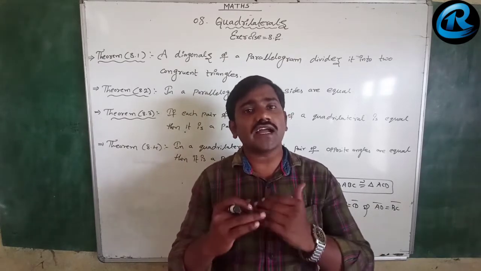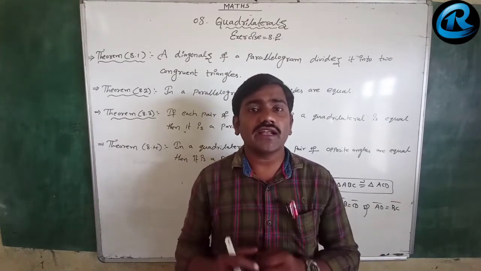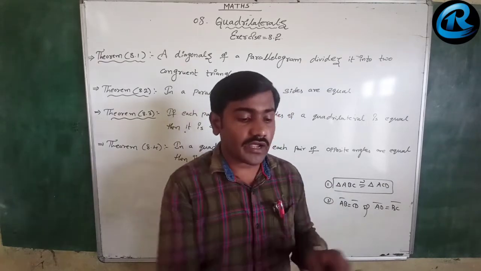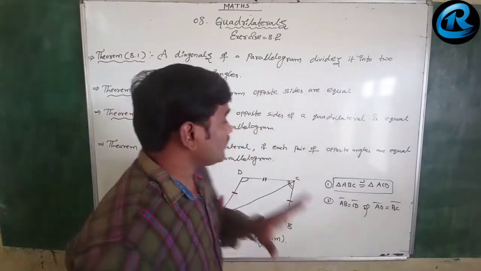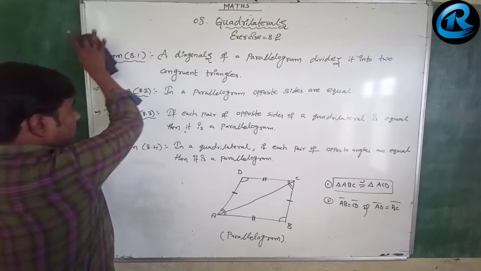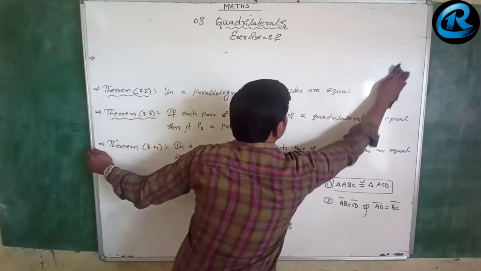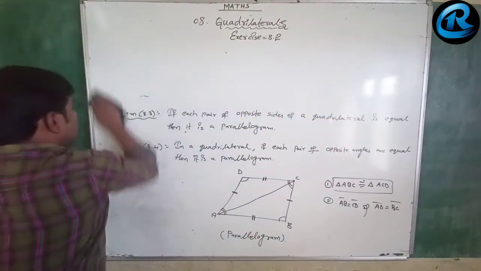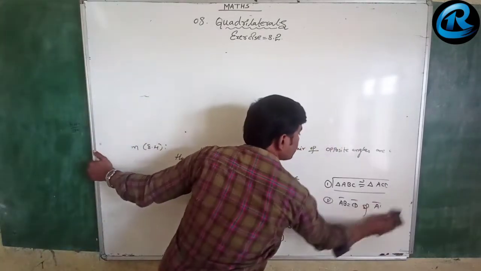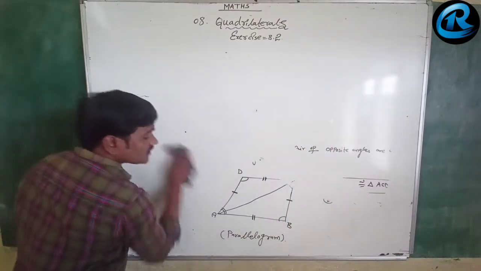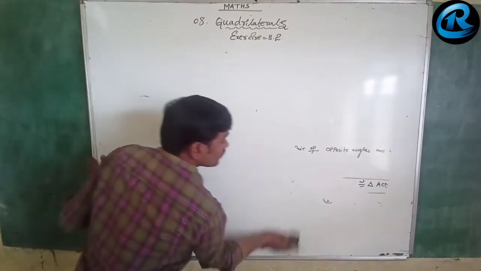Or if opposite angles are equal, here also we can write it is a parallelogram. So remember these two theorems and the remaining two also. In the properties of parallelogram, we have learned all these four.